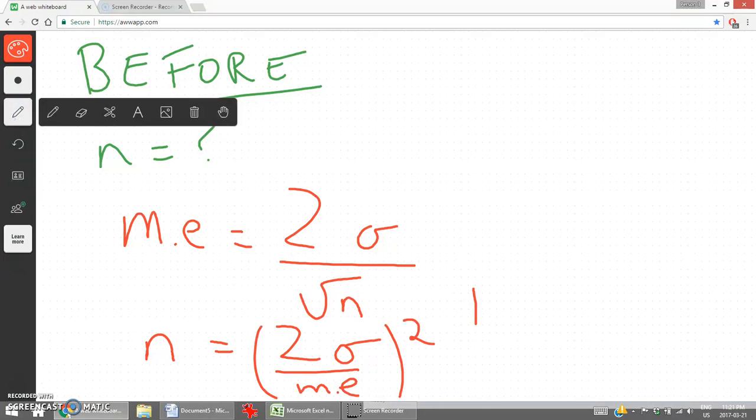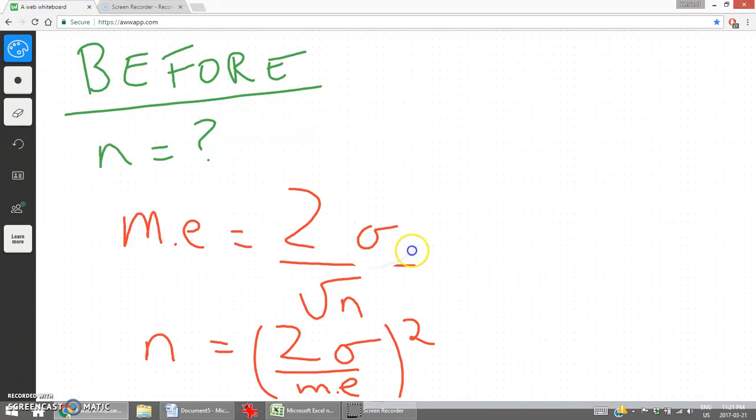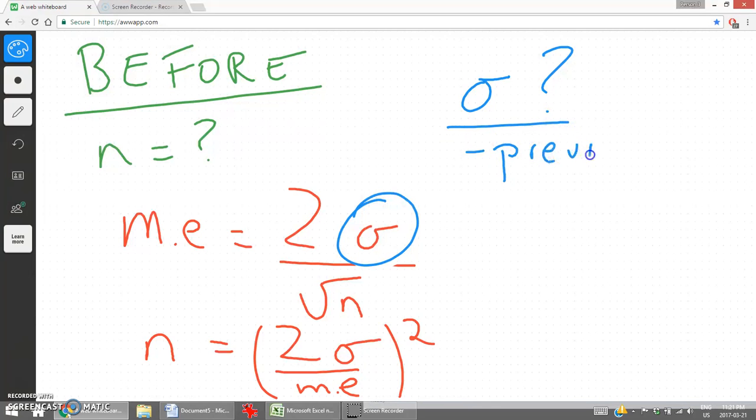So let's just erase that. One thing that we have to determine is, where does this value come from? Now the question we're dealing with gives us a value from a previous study. That's a great place for it to come from, because remember, a standard deviation is something that we calculate after doing the survey, but we want to determine the sample size before.